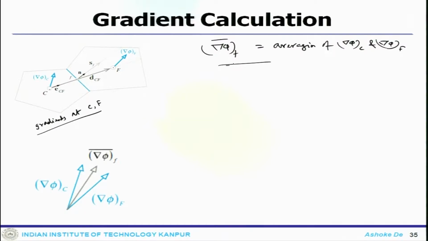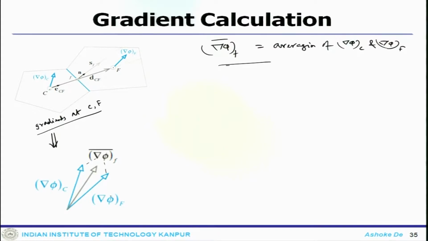Now, how do you obtain that? You look at the gradient vectors in this picture. If you take this from here to here and draw the vectors here, the vectors are actually pointing in these two directions, and then you can join them and get the averaging of these two, and then you can obtain that.